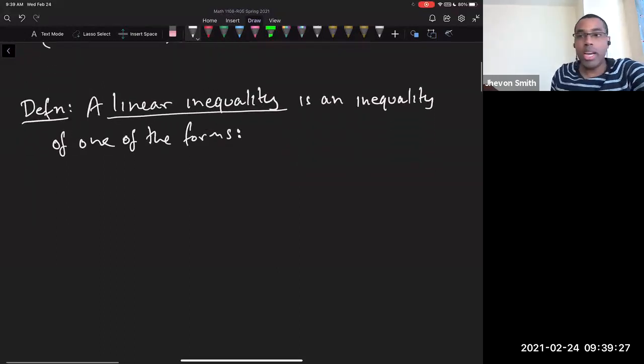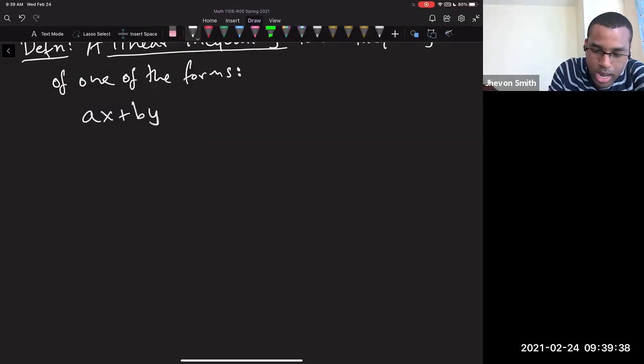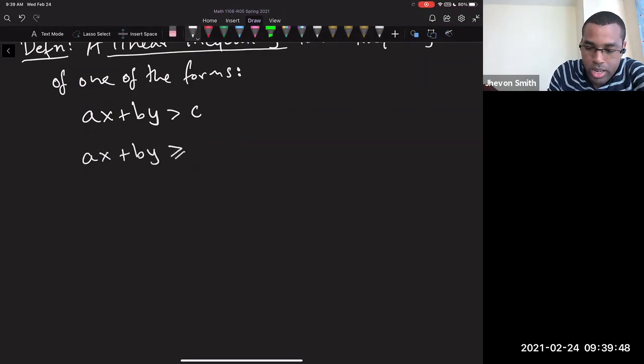Anything that you can write in one of these forms is a linear inequality. So it'll be like ax plus by greater than c, ax plus by greater than or equal to c.